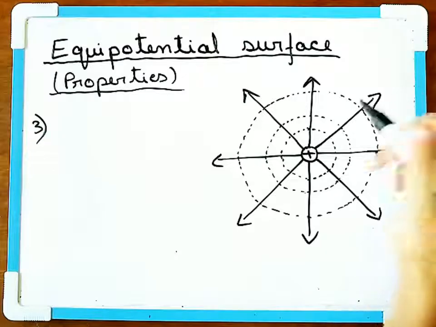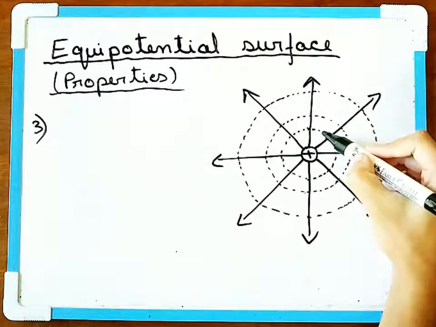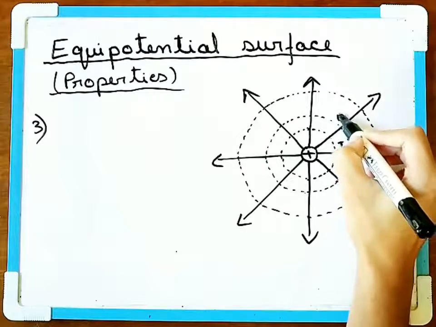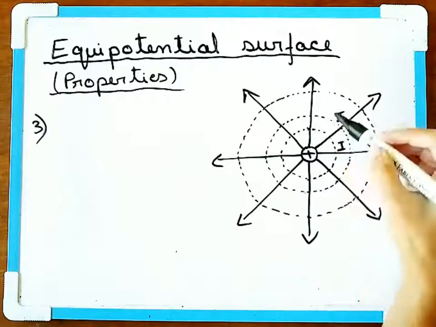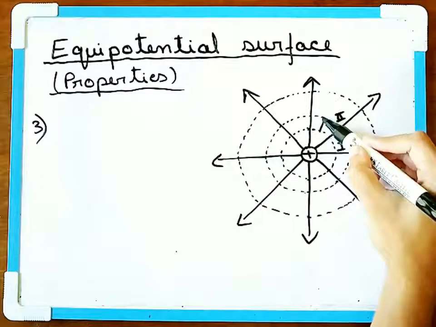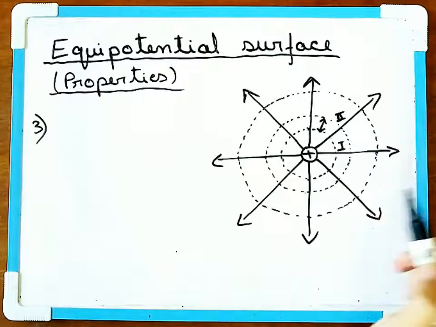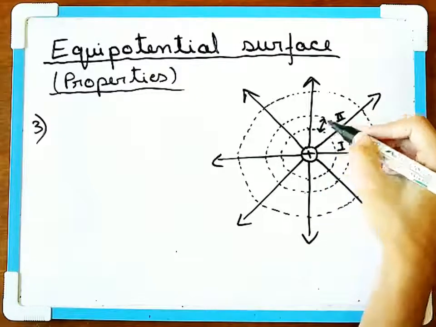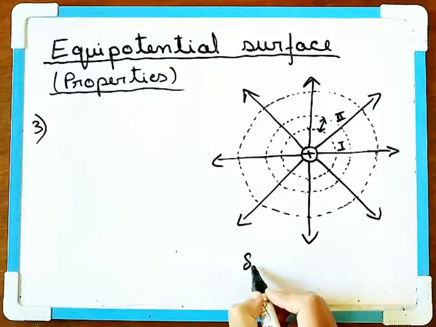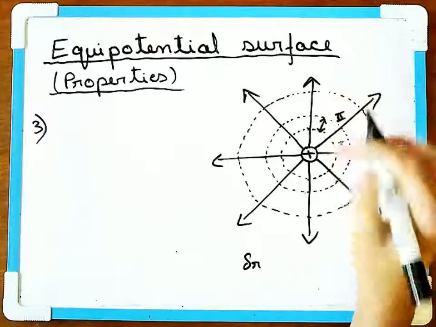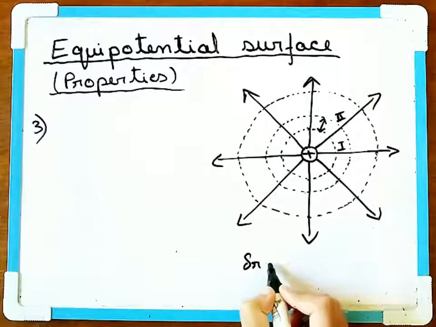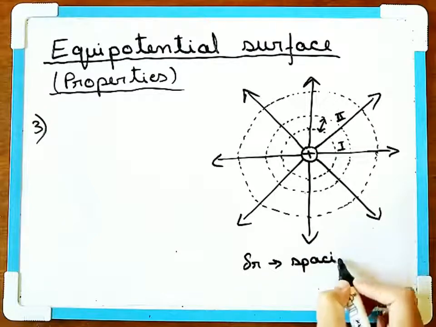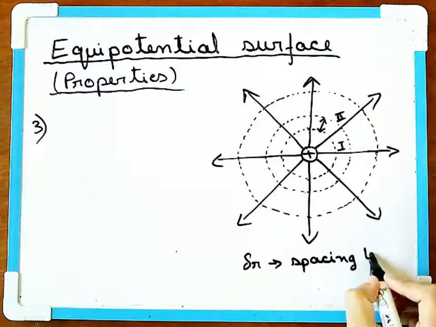Now we can consider the two surfaces here. The surface number 1, I'll write here 1, and this is surface 2. Now say the distance between them is delta r. So delta r, this distance, is the spacing between the equipotential surfaces.